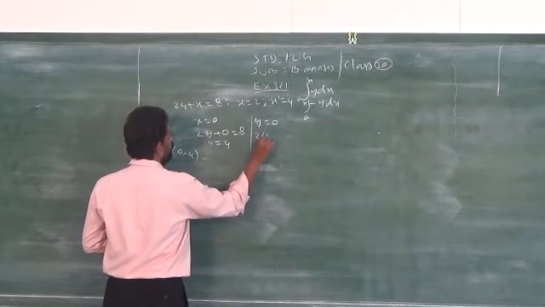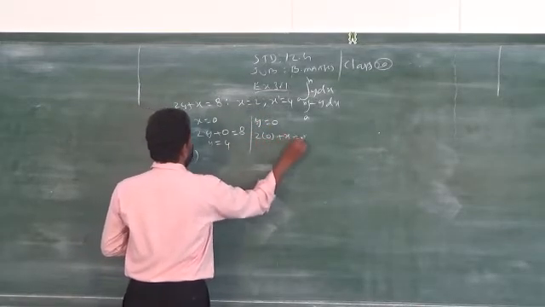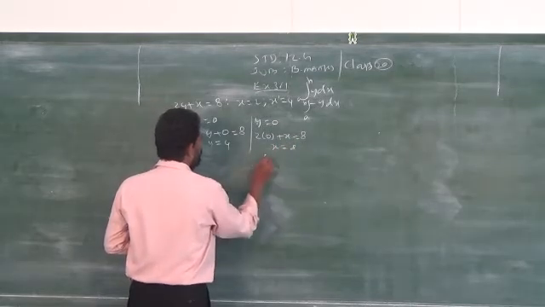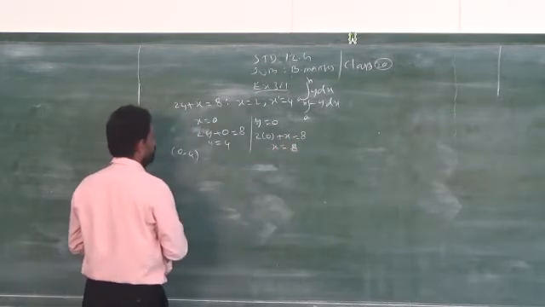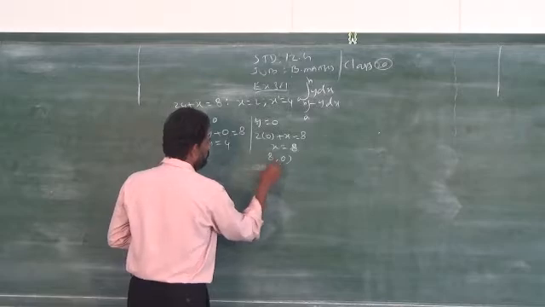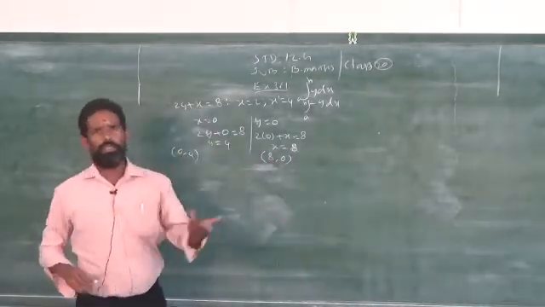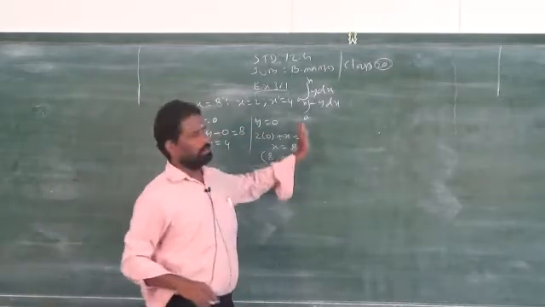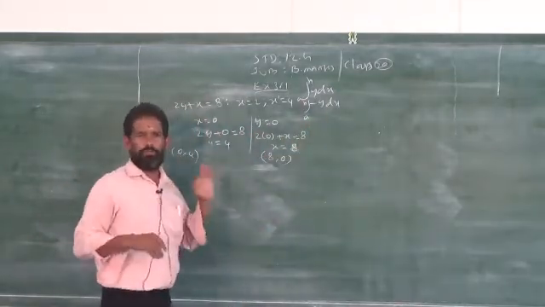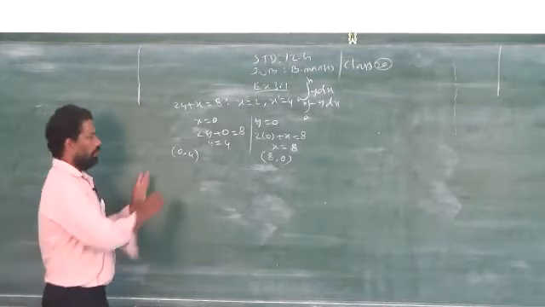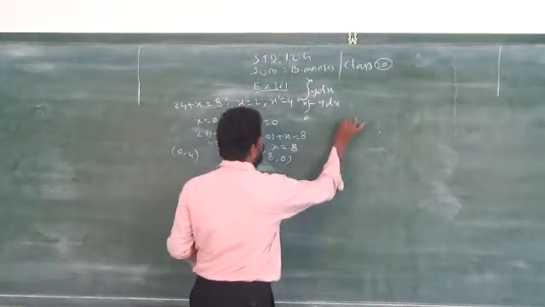When I replace y is equal to 0, I get x is equal to how much? 8. So 8, 0. Two points are enough. Even if you want to find one more point, you can do it by replacing x by any number. Here I am replacing x by 0 and y by 0. I got 2 points. So here I can draw a diagram.